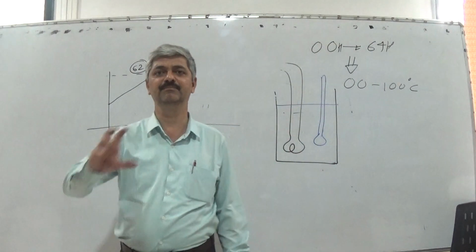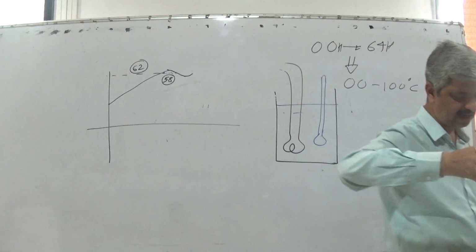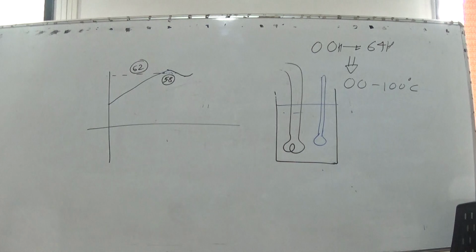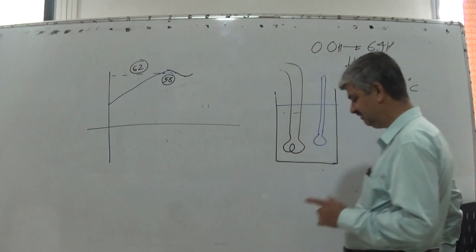So you will get a dimmer stat, and using the dimmer stat, you can control the voltage. But dimmer stat is too costly an application.